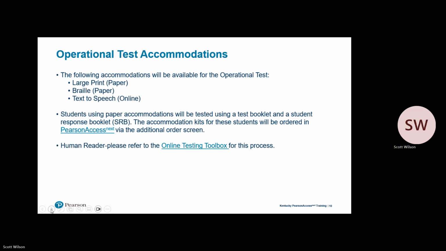The paper accommodations, the students will be tested using a test book and a student response book. These kits will be ordered for students in Pearson Access Next via the additional order screen. For human reader accommodation, please refer to the online testing toolbox for more information on this process.